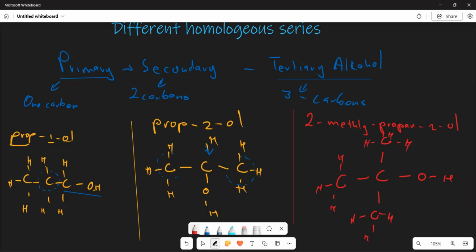Are we together? But look at this again: this C is bonded with number 1 C, number 2 C, and number 3 C, right? So basically this is going to be the difference between your primary, your secondary, and also your tertiary alcohol, right? Hopefully this makes sense to you. Thank you very much.